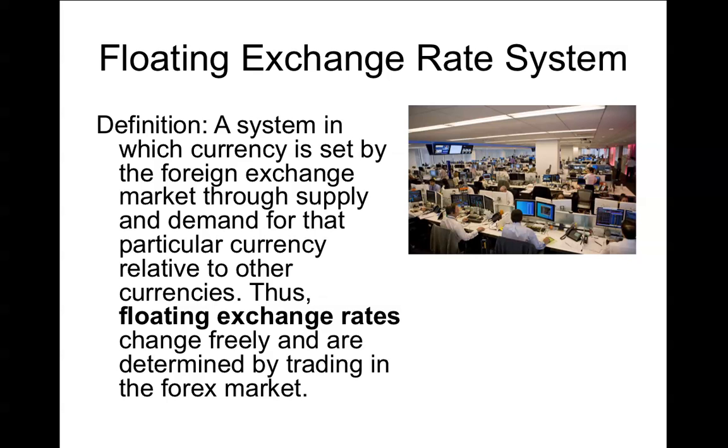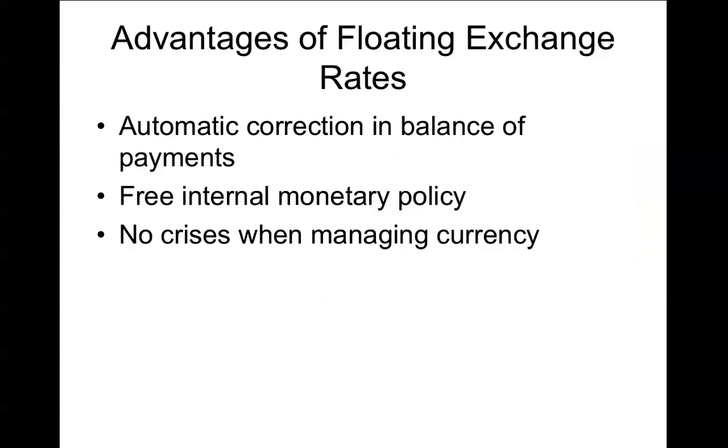Now, there are two types of exchange rate systems. There's a floating exchange rate system, which means that a currency is only set by the foreign exchange markets through supply and demand for that particular currency. Thus, floating exchange rates change freely and are determined by trading in the Forex market. The supply and demand curves that we've seen before is basically how a floating system works.